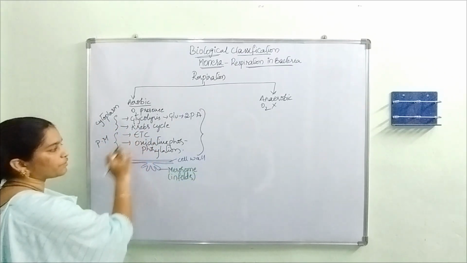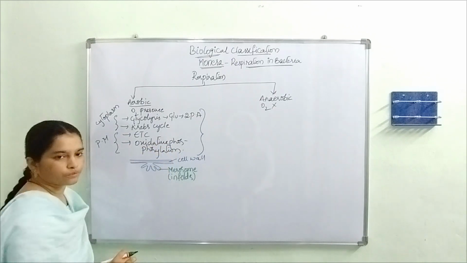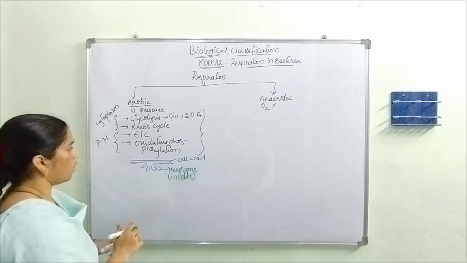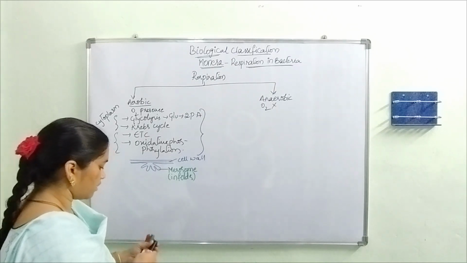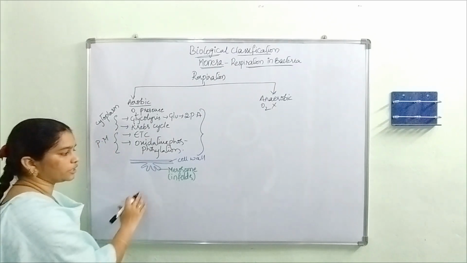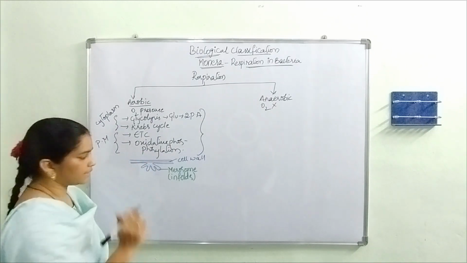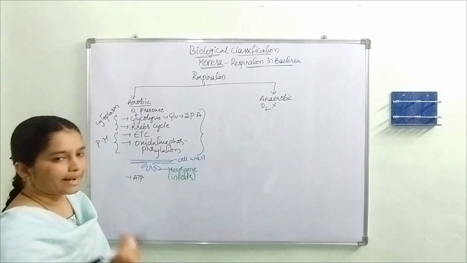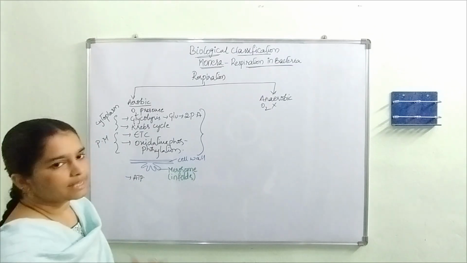Here, the electron transport chain and oxidative phosphorylation both take place. Okay. And after the oxidative phosphorylation, what is the net gain? Net gain is ATP. A lot of ATP is produced and it is the yield at the end of the process.